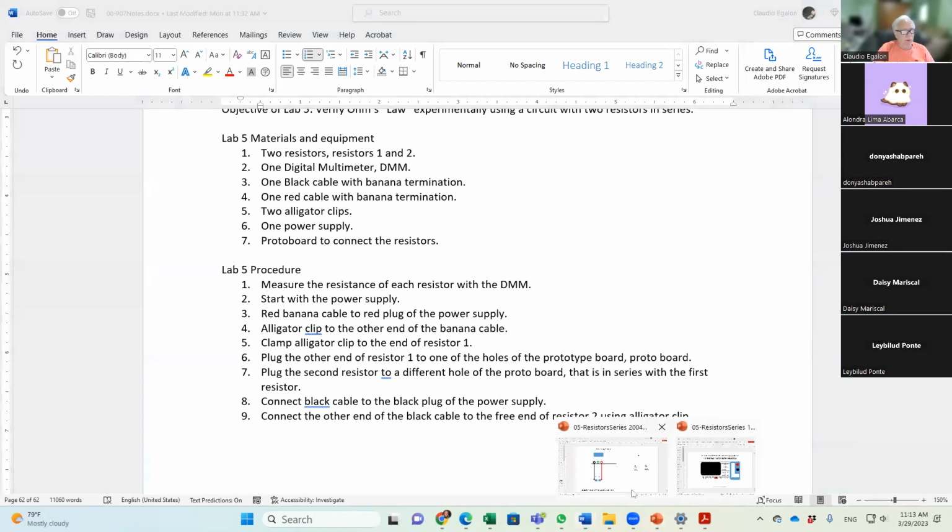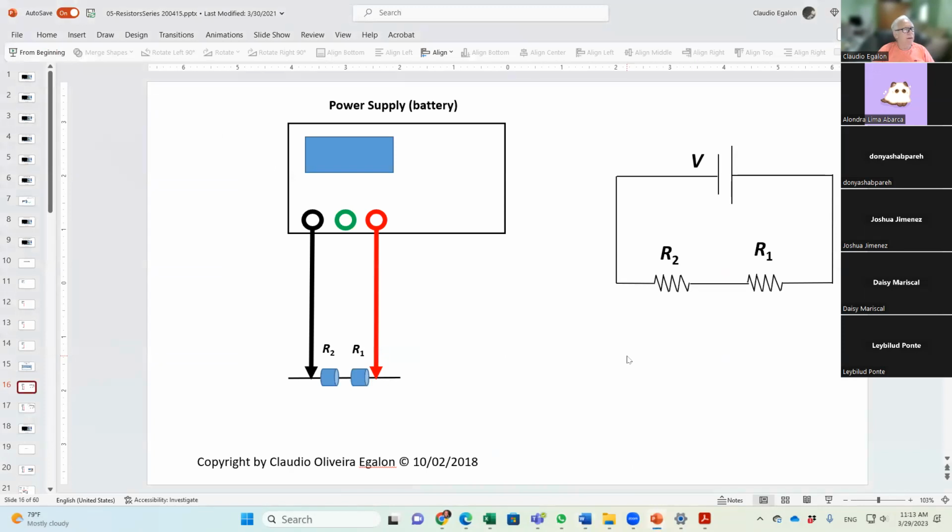And again, that's what it's going to look like when the alligator clip is here, alligator clip is here. And that's how the circuit looks. Once you turn on the power supply, a current is going to start flowing through this circuit. But it's not everything that you need to do the experiment yet. Here you go. Here's the current flowing.